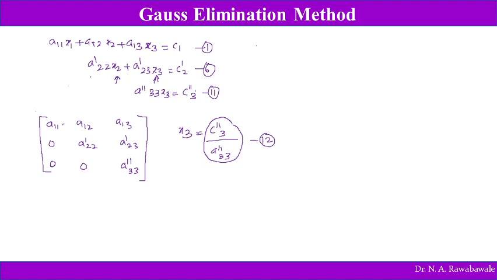Then x2 and x3 are substituted in equation 1 to get the value of x1. This is the reverse process, in which we get the exact values of the unknowns.